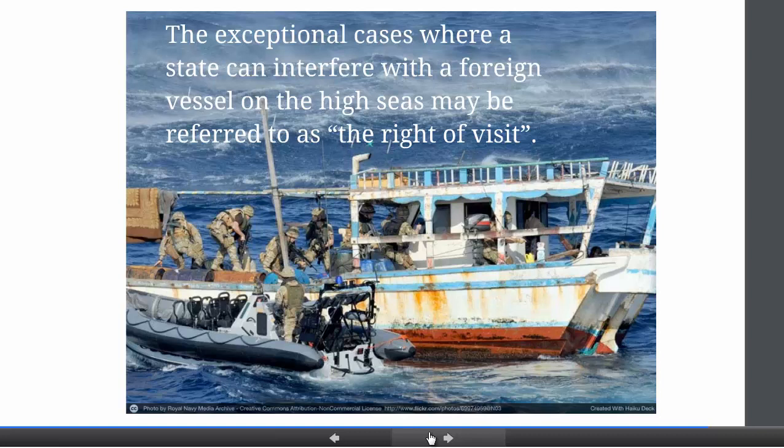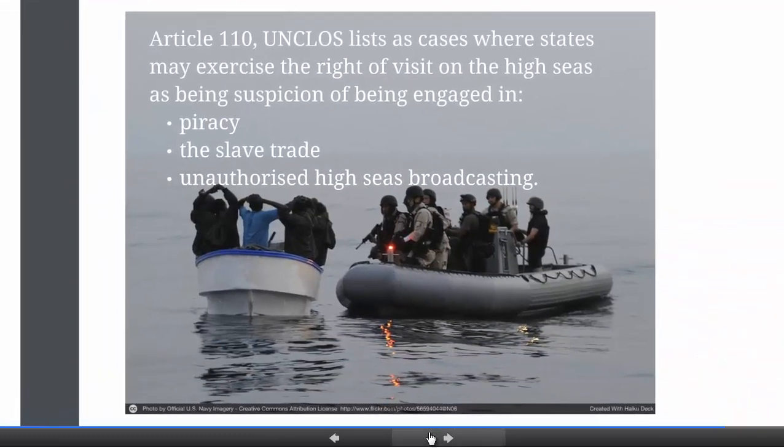So the right of visit encompasses a number of occasions when, as we have pictured here, a state's military forces might be justified in inspecting and taking other action against a foreign vessel on the high seas. Here, a vessel suspected of Somali piracy. And while I've just said military forces, obviously law enforcement officials might also exercise the right of visit.